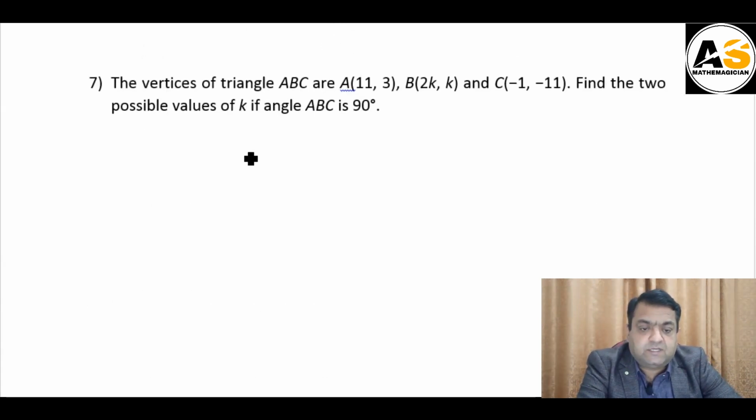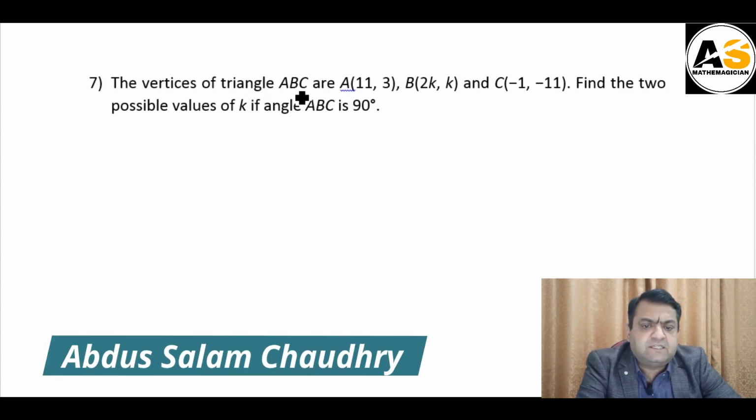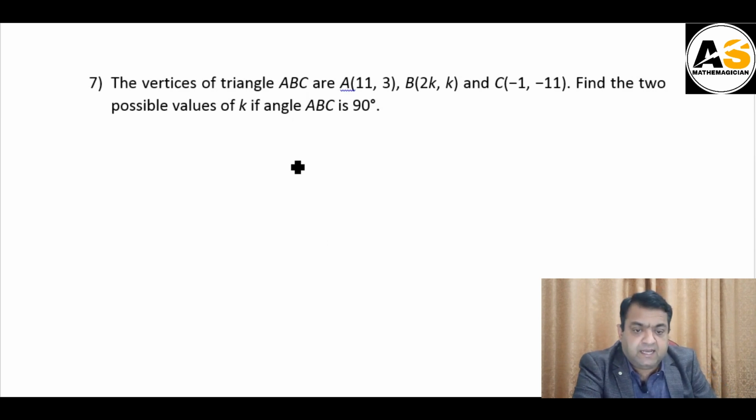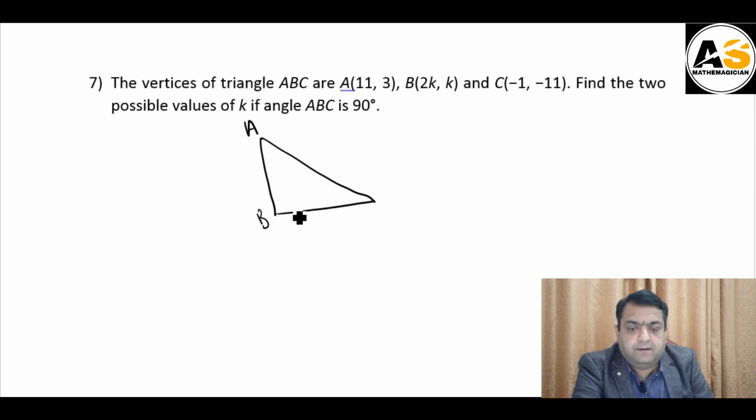Okay, next question, question number 7. We will make it the last question for today. The vertices of a triangle ABC are given. Find the two possible values of k if angle ABC is 90. Angle ABC is 90.